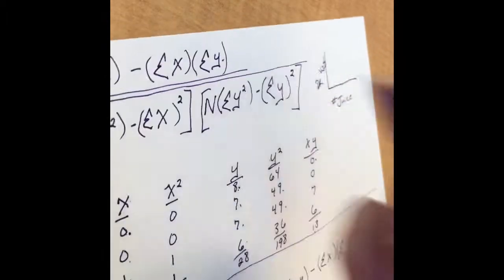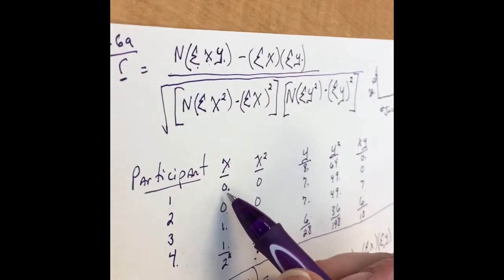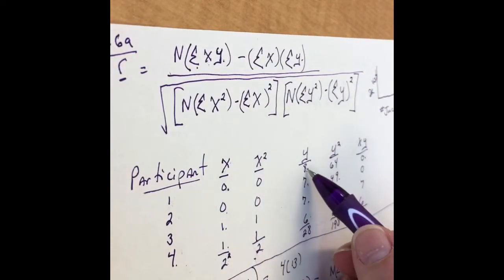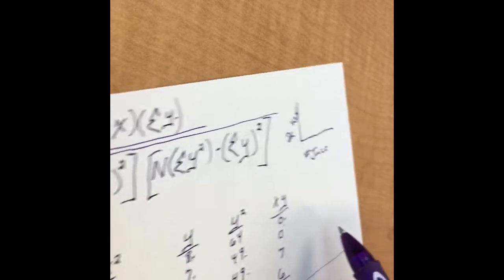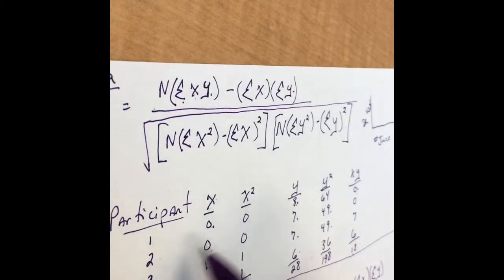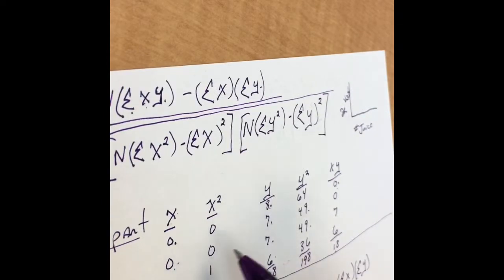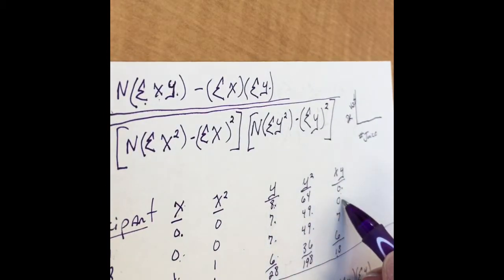So what does that mean? What it means is I'm going to take my first raw data, 0, and multiply it by 8, and look at that, I'm going to get a 0. Then I'm going to take my second person, and I have 0, and I'm going to multiply that by the 7 doctor visits they had, and again, I'm going to have 0, because 0 times 7 is 0.